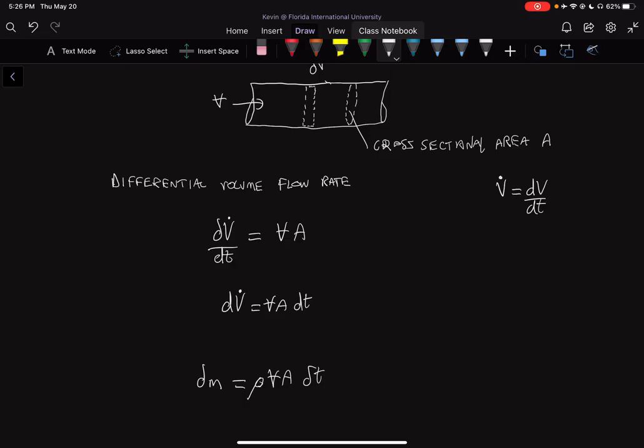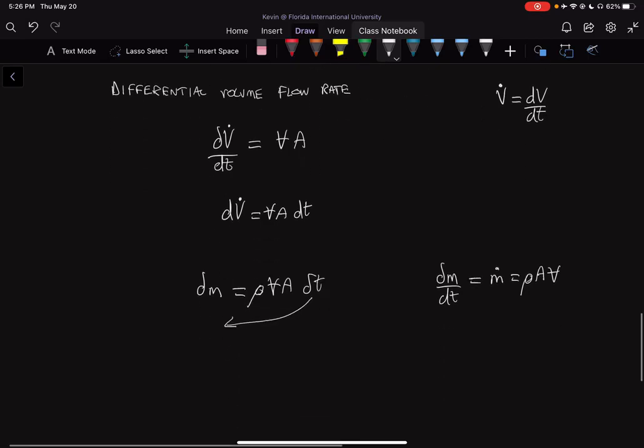Okay, and if we bring the dt over to this side, we can say that dm over dt is equal to m dot, which is equal to rho A V. And I just switched the A and the V just for convention purposes because we usually always write it this way.